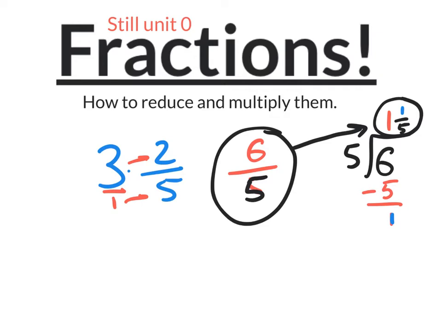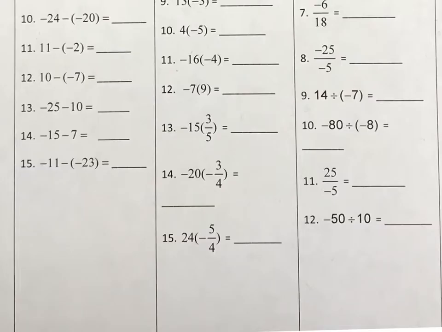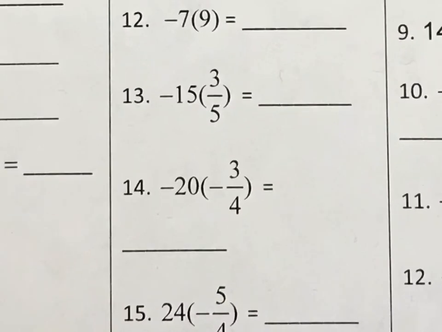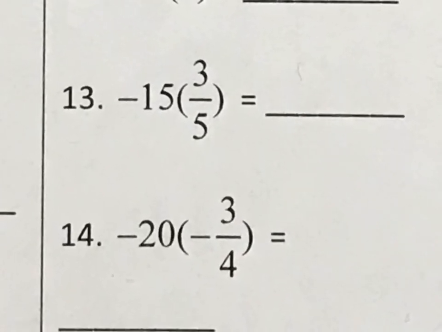So why am I going over this? Because on the worksheet I gave you Friday, we have some similar situations to this. Like on number 13 on the multiplying. Right here we have a fraction, 3/5, and we have a whole. Actually not a whole number. This is actually an integer, -15. So you could put that integer over 1, and then you could cancel out the 15 over the 5, right?